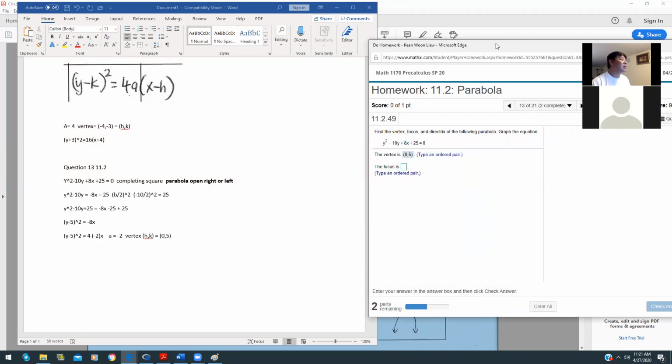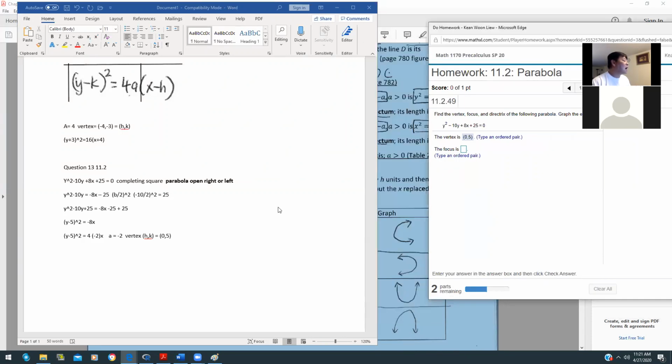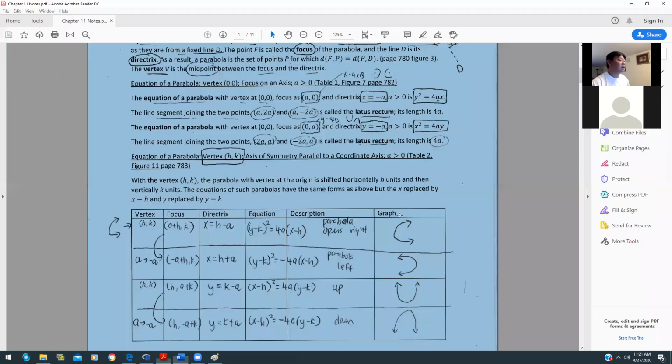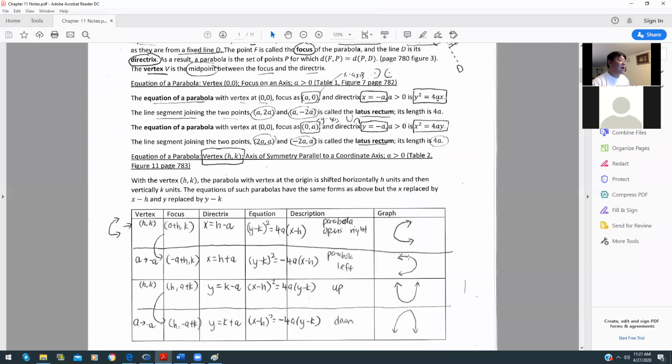Next, they want you to figure out your focus point. So now you can tell that this is actually a parabola opening to your left. Why is this a parabola opening to your left? Because your a is negative. So in order for us to figure out your focus point, if you look at the formula here, this is the one that we're using for opening to the left.